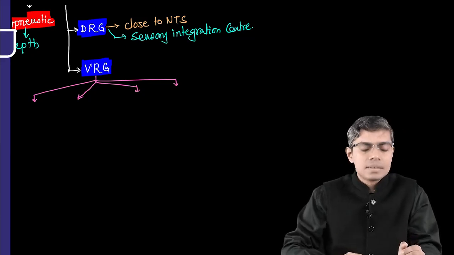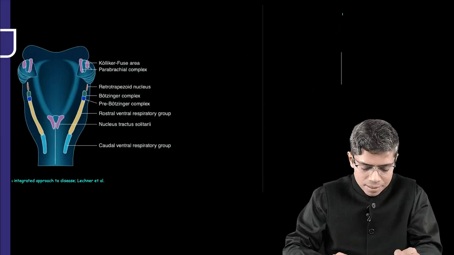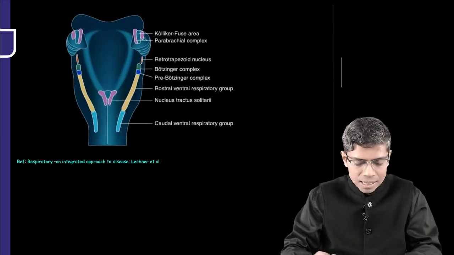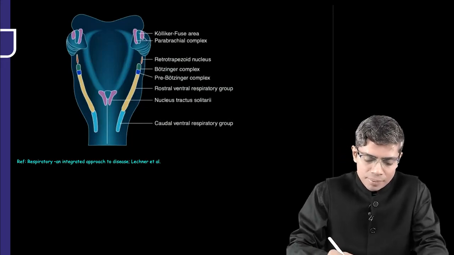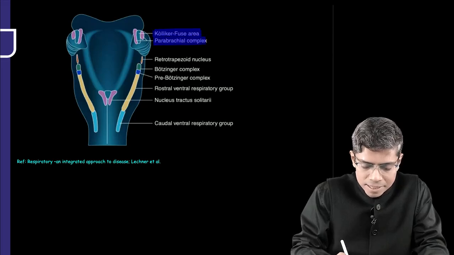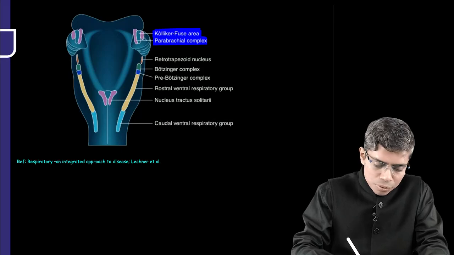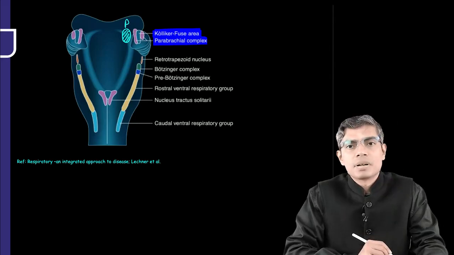To understand this, first look at the diagram given in books. This is the diagram I have taken from a book. You first look at this area, the Kölliker-Fuse area and parabrachial complex. Close to this, the center located is the pneumotaxic center, in the upper part of the pons.